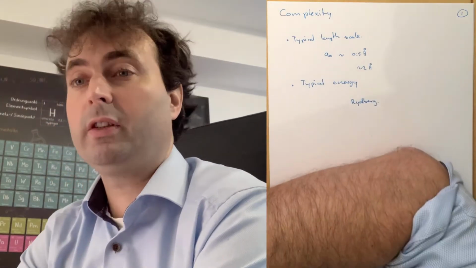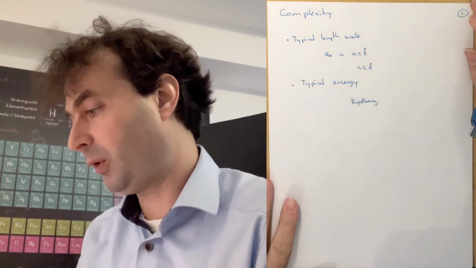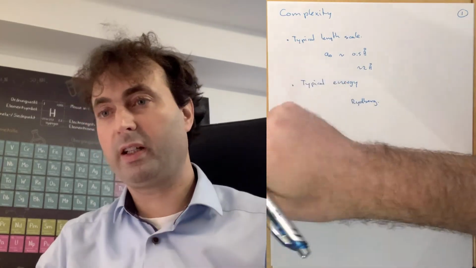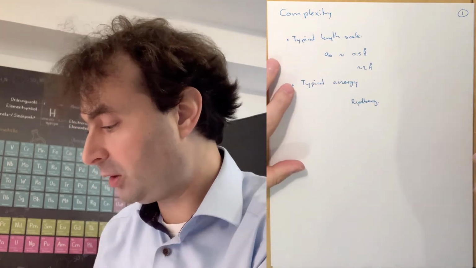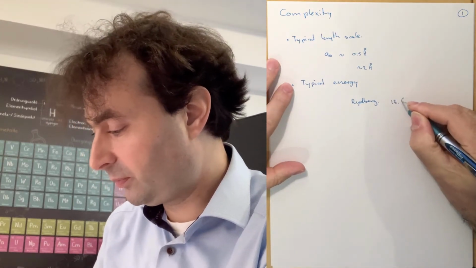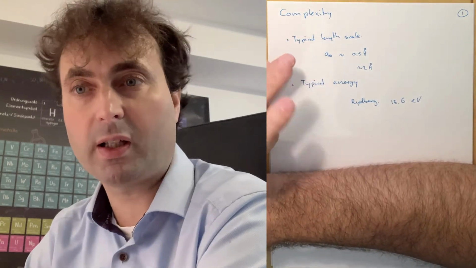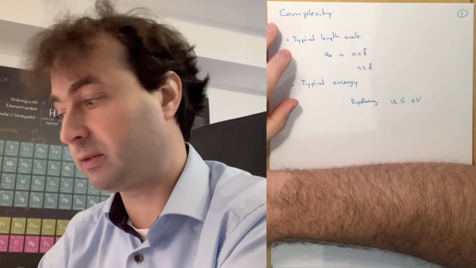Now in solids we're mostly not interested in photoemission or photoionization, but look either at transport or chemical reactions where you go from one bound state to another bound state. So we have an upper limit of about 13.6 electron volt, and typical energy scales are in the order of an electron volt.